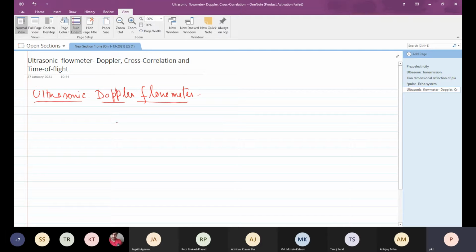There are also very similar Doppler flow meters using laser, so those are laser Doppler flow meters. Depending on the type of application, people use an ultrasonic Doppler flow meter or a laser Doppler flow meter.